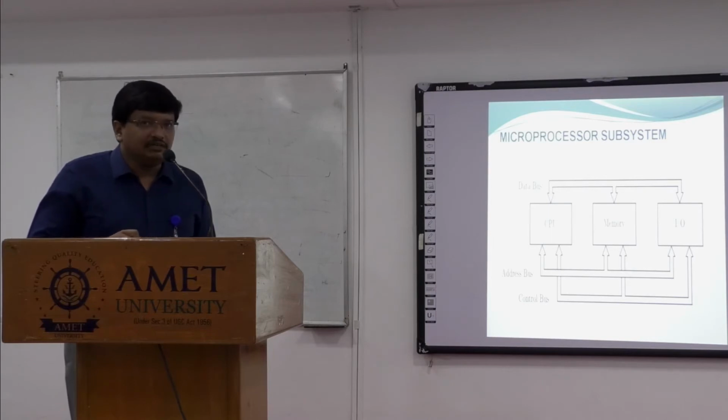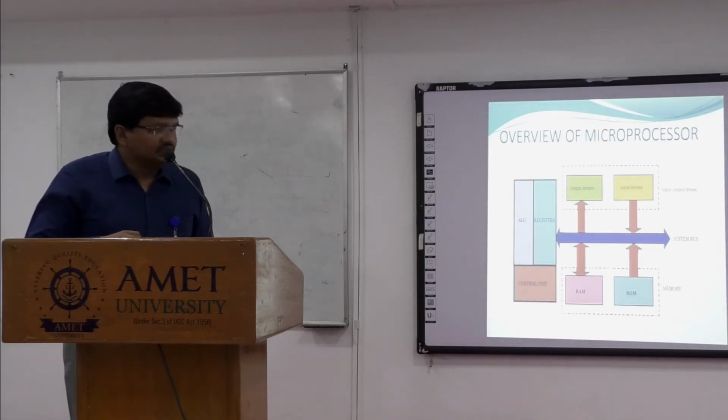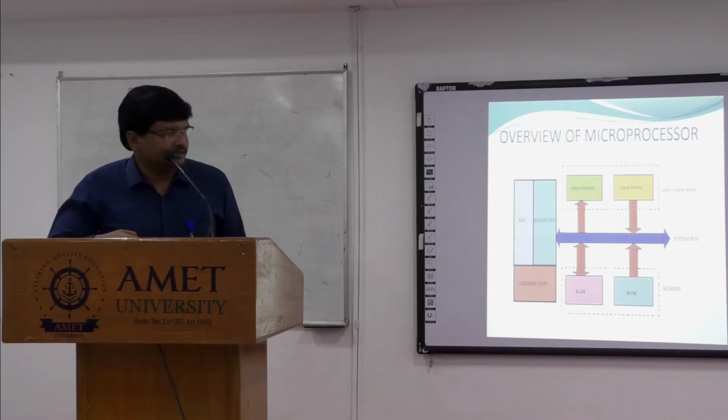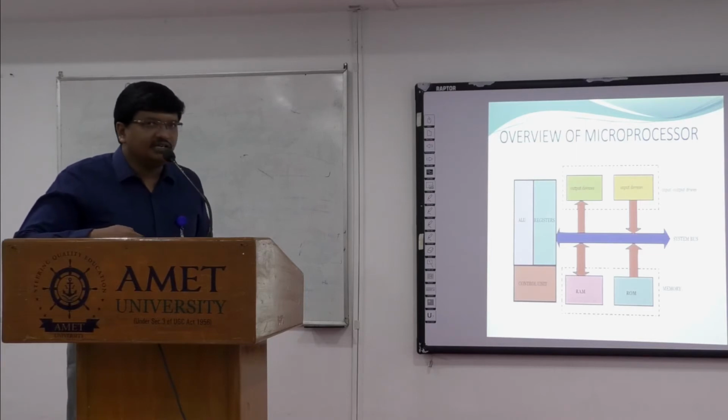Next we will see in detail about the microprocessor system. This is an overall representation of a microprocessor system. It consists of, as we said, the central processing unit, input-output unit, and memory, which are connected by means of a bus. In the central processing unit there are three major subunits.